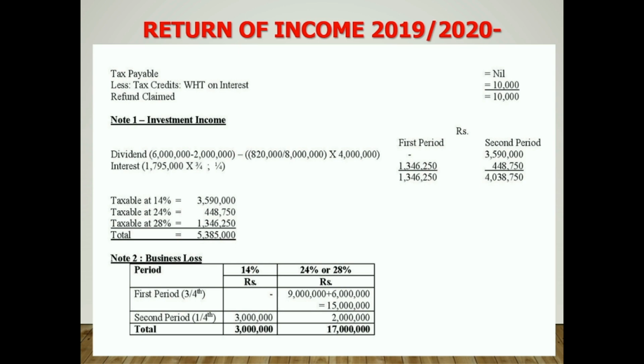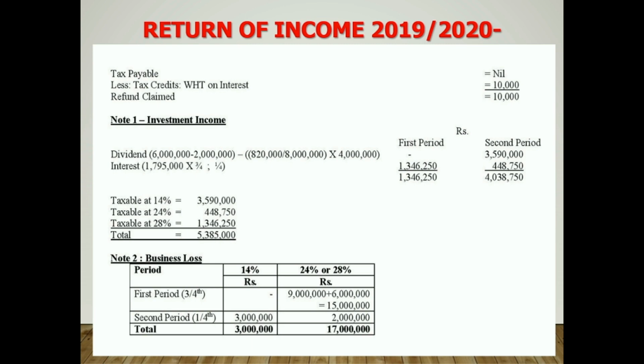Then the gains and profit from dividend during the second period is rupees 3,590,000. Interest income during the first period is 1,346,250. Second period interest income is 448,750. There also I have computed gains and profit because there are some expenses also incurred on these dividend and interest incomes.